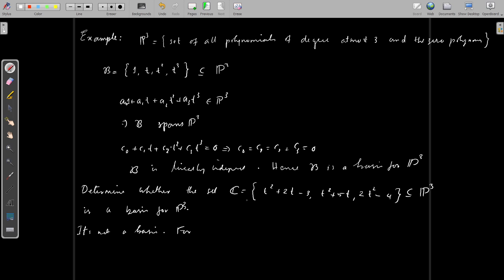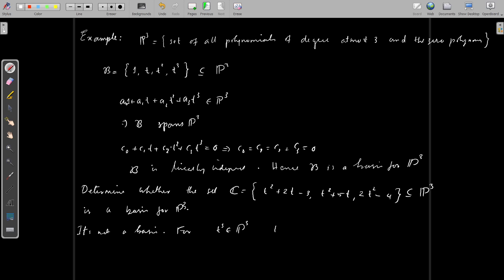These are the properties of a basis set. When you consider a third degree polynomial, say t cube, it belongs to P3 because P3 contains all the polynomials of degree at most 3.